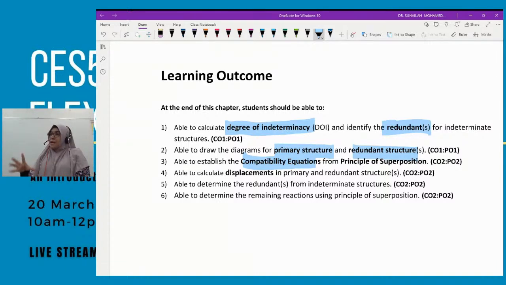Topic number 1, I explain by taking a beam as an example. The derivation of the compatibility equation I will only derive from the beam.